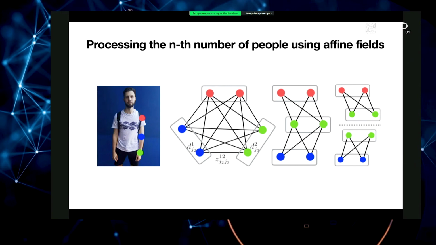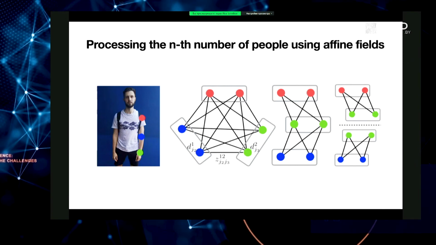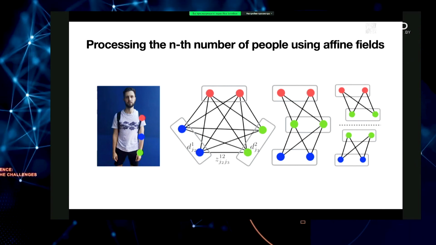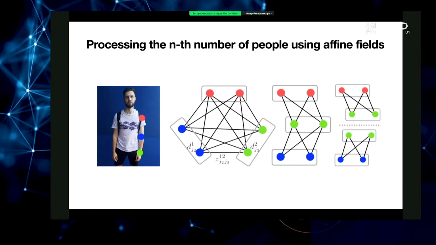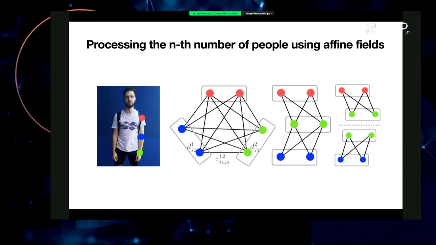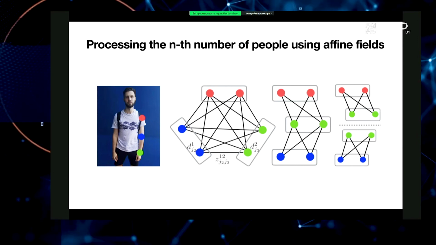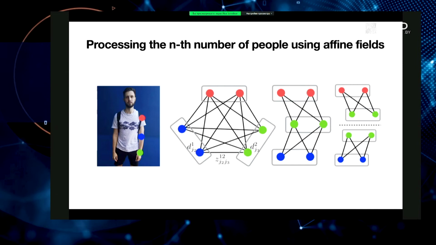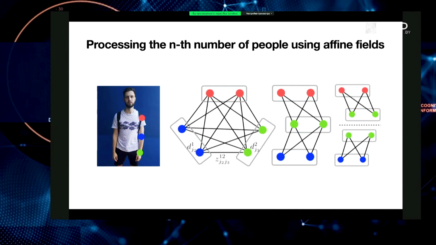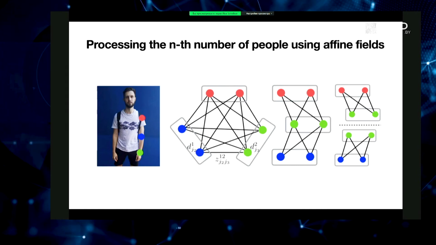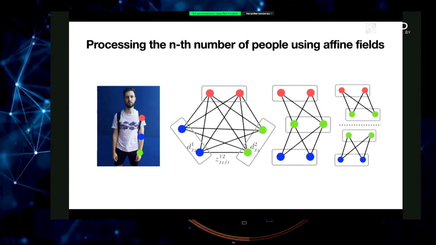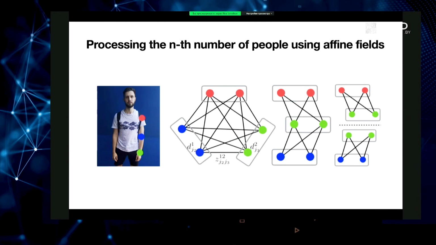Then we pair them. Basically, we pair all the red points together. We pair all the green and blue points together, and these points are the joints of the body part. Let's check the body part between the green and blue points, right?